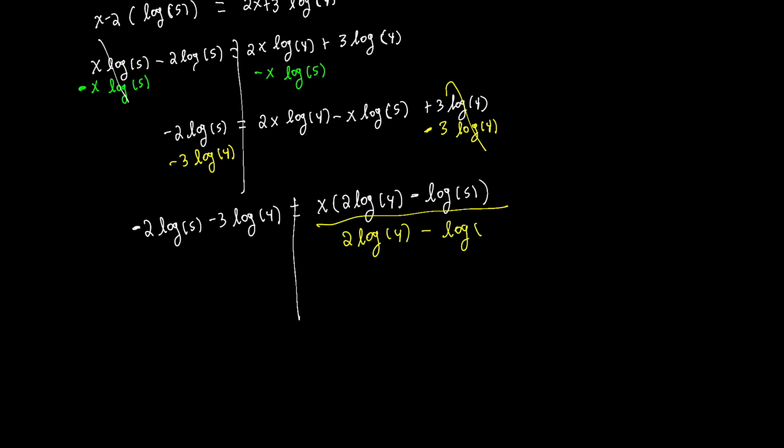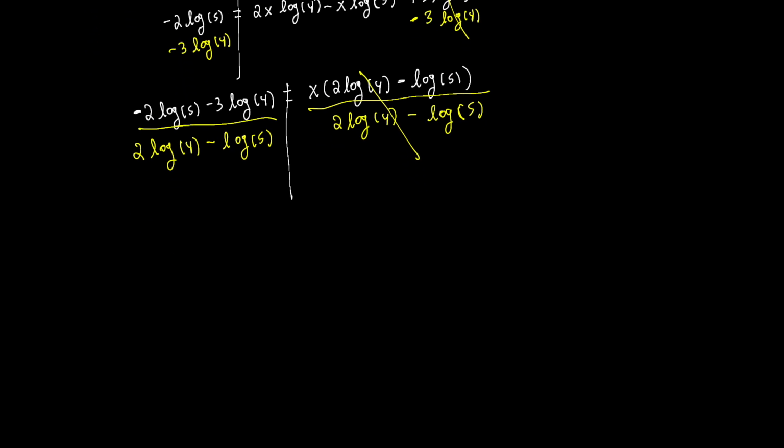That's going to allow me to isolate x. Okay, so whatever I do to one side, I'm going to have to do it to the other. So on the left, I also divide it by 2 log 4 minus log 5. And on the right hand side, x gets isolated.